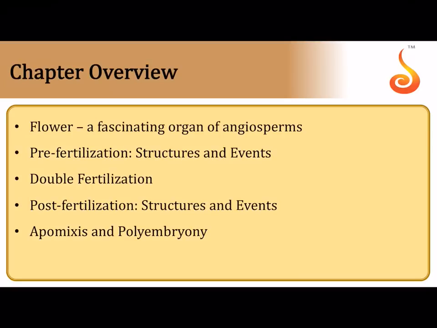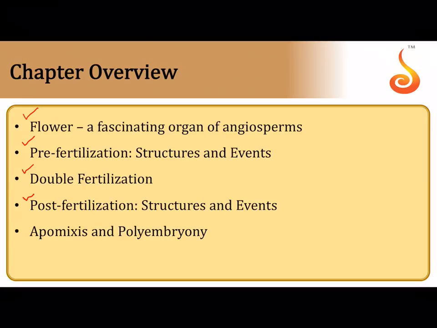Now to give you a chapter overview, we have already discussed the flower, which is a fascinating organ of angiosperms. We have discussed a few pre-fertilization events, that is, structures and events associated specifically with the anther. Then we will be discussing a process called double fertilization.